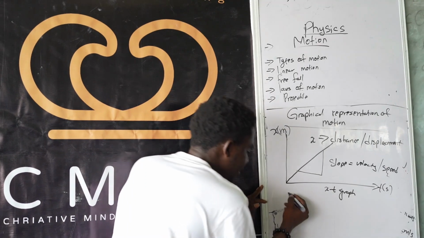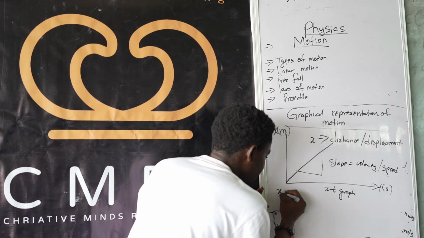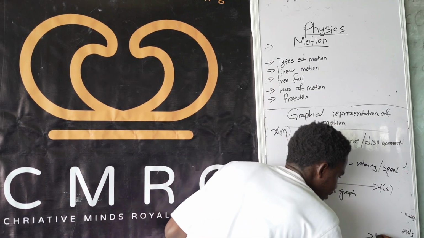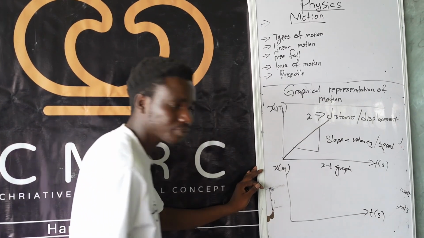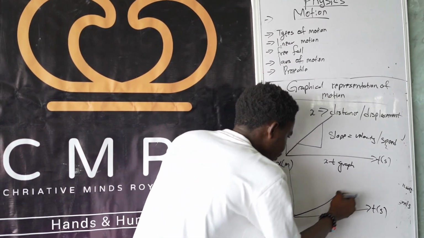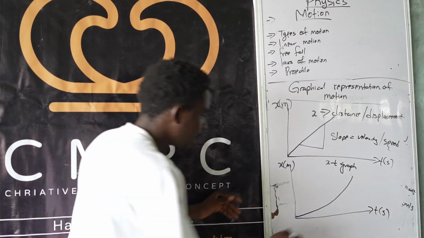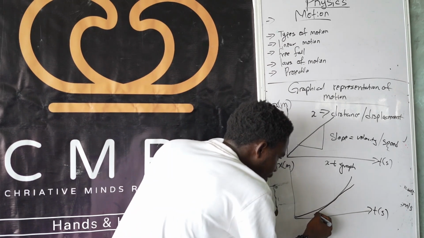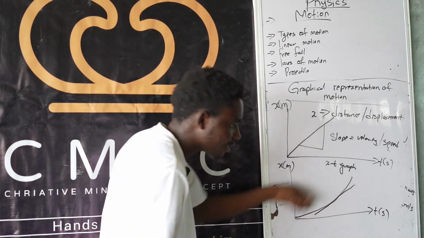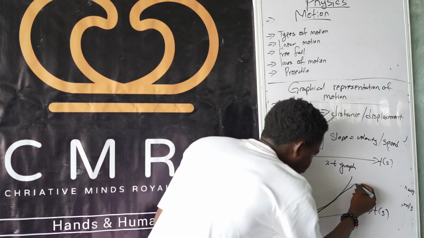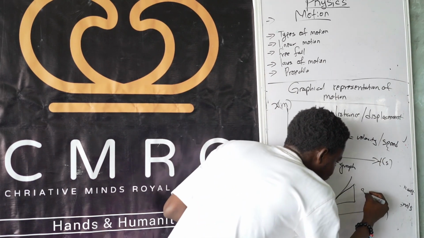And you can also have it in the form of something curved, with x in meters and t in seconds. Something like this. You will still get the slope. It will be a straight line tangential to the curve.